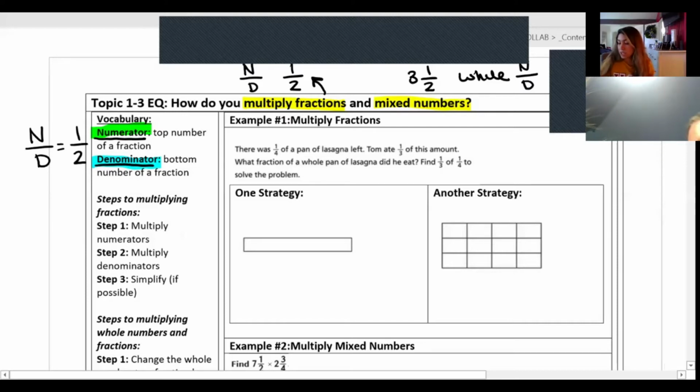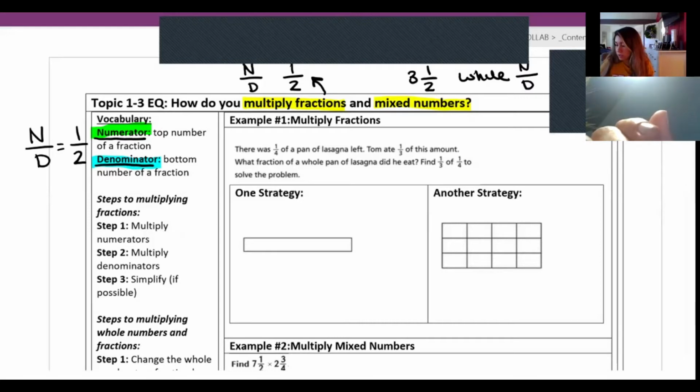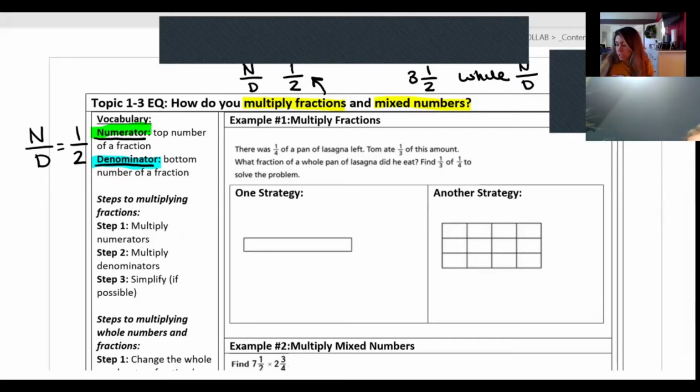All right. So let's read this. Okay, reset, start. All right, so there was 1/4 of a pan of lasagna left, and Tom ate 1/3 of this amount. What fraction of a whole pan of lasagna did he eat?